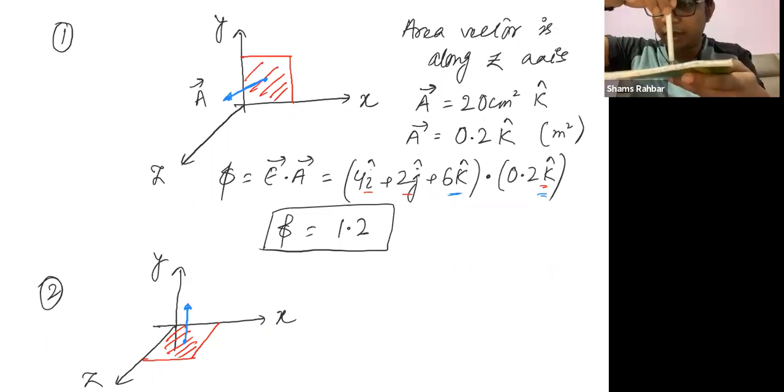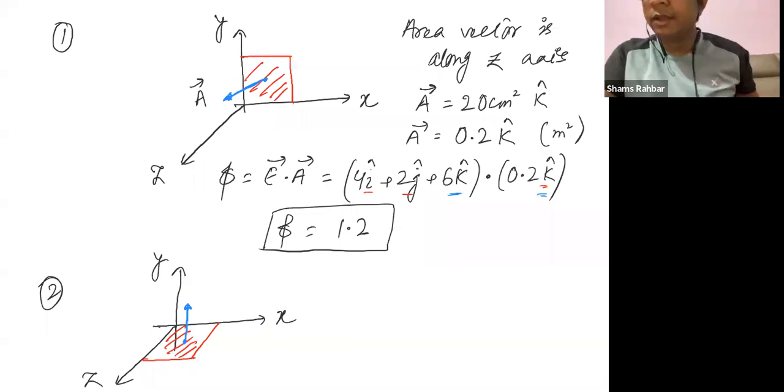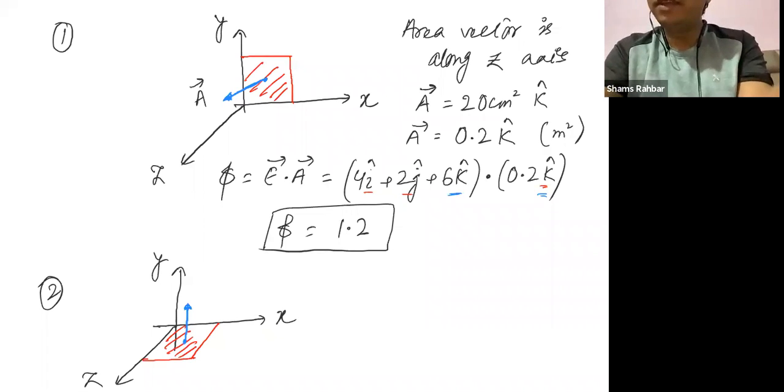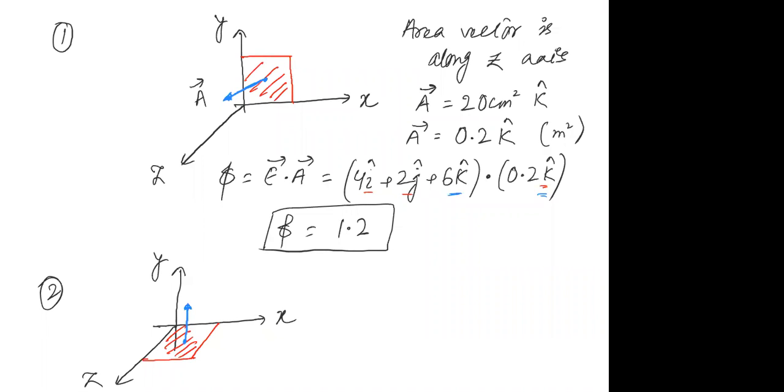This is the perpendicular. Clear है? Yes, sir. इसका मतलब if the surface is placed in XZ plane, so its area vector will be along y axis. This is the direction of area vector. So in this case, I can write area as 0.2 J cap. Did you understand?